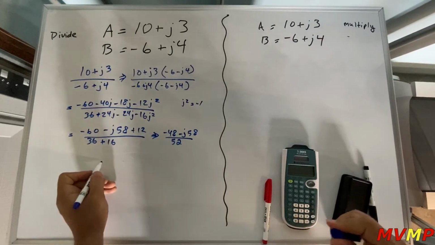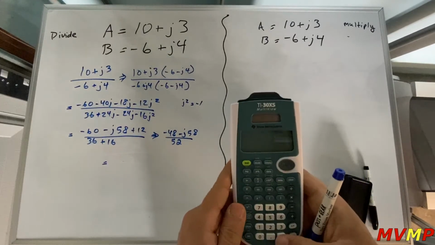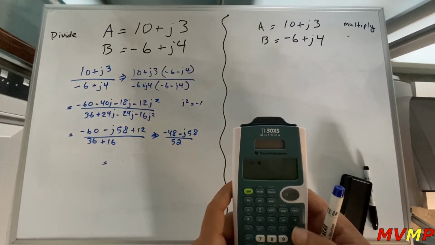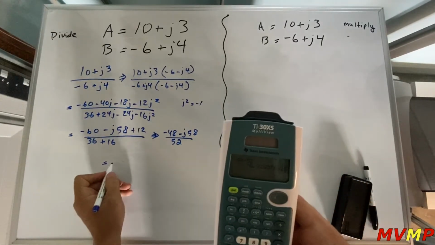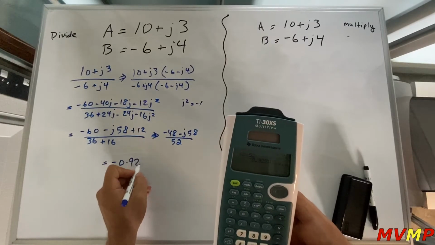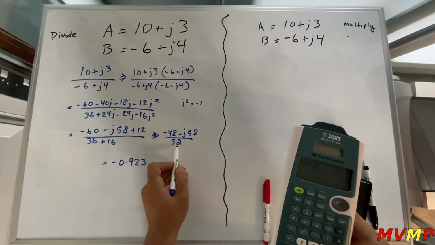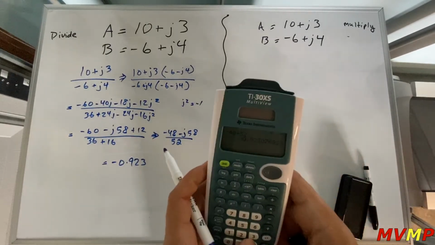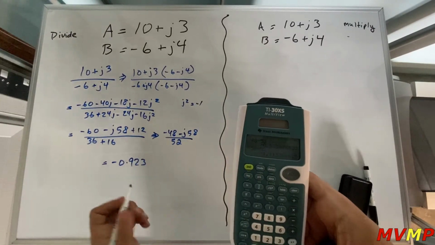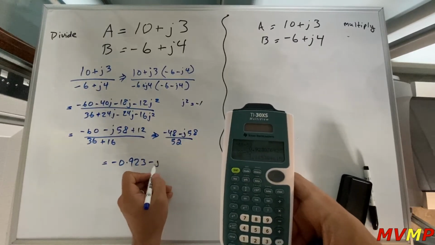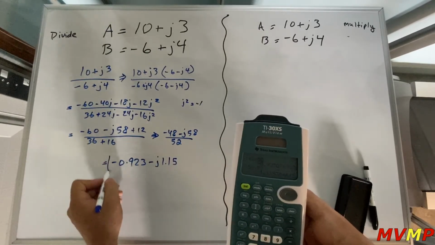So you do minus 48 divided by 52, you get negative 0.923, and then you do 58 divided by 52, keeping the negative, so negative 58 divided by 52, and then you add the j, 1.15. That's how you get the answer.